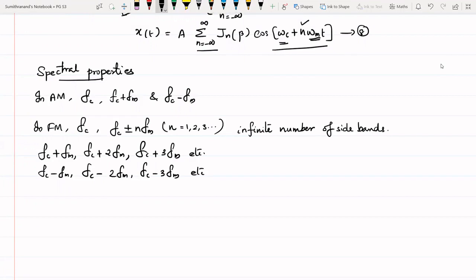So the sidebands occupy a large frequency domain. Theoretically, it extends up to infinity, so theoretically the bandwidth is also infinity.